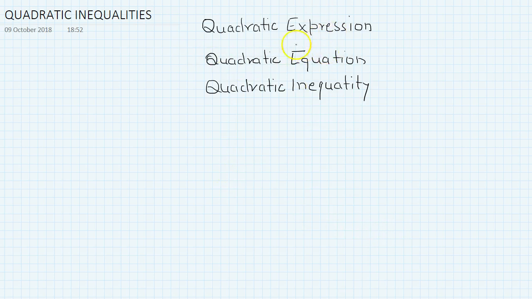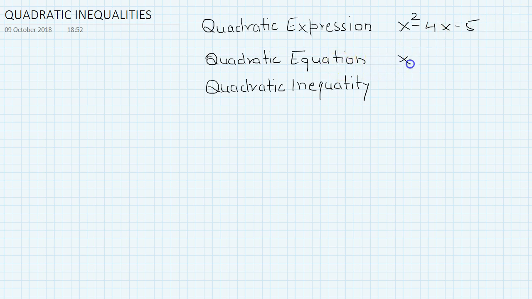Today we are going to learn about quadratic inequalities. We know that a quadratic expression is like x squared minus 4x minus 5. This is a quadratic expression.